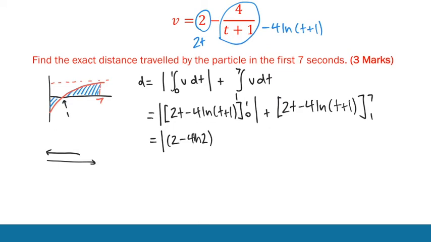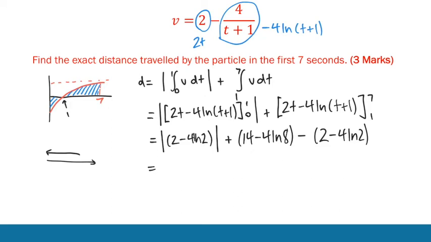Then substituting 0, we actually get nothing. So it's just the absolute value of that plus, and over here, we'll get 14 minus 4 log 8 minus 2 minus 4 log 2.